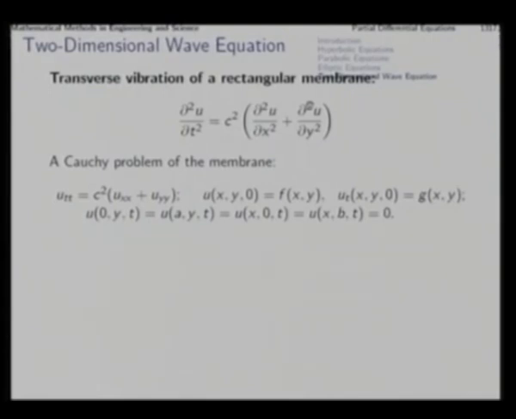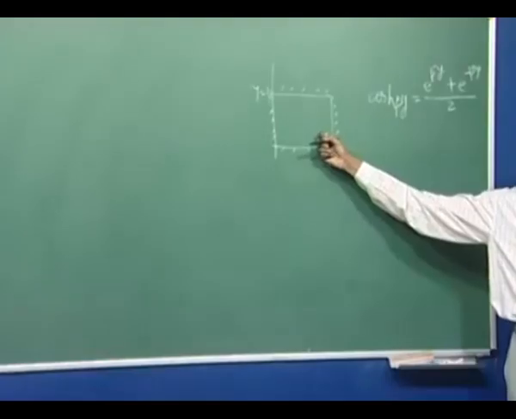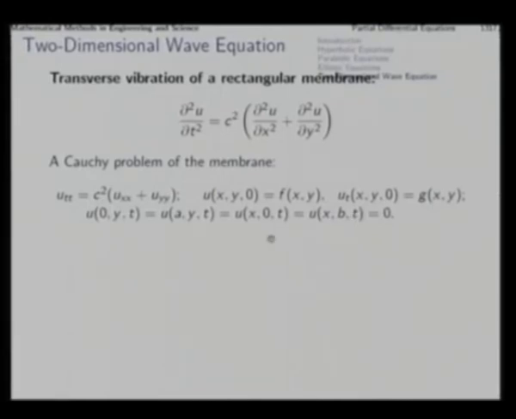So, the Cauchy problem of the membrane will be this, that is the differential equation along with these initial conditions, initial position over the entire xy domain and initial velocity over the entire xy domain, and these will be the boundary conditions u at x equal to 0, x equal to a, then y equal to 0, y equal to b, this same rectangular domain. Over this rectangular domain around the boundary we have these boundary conditions.